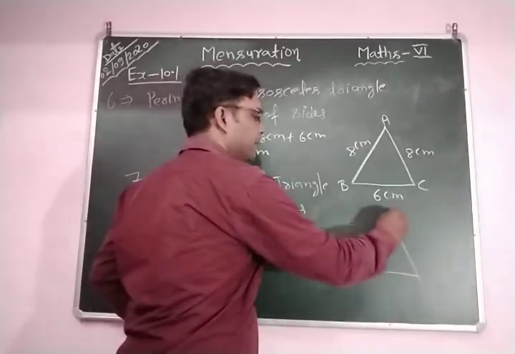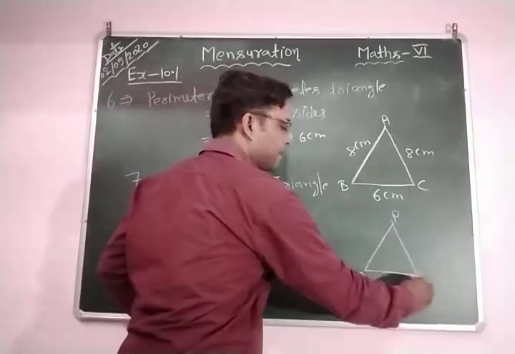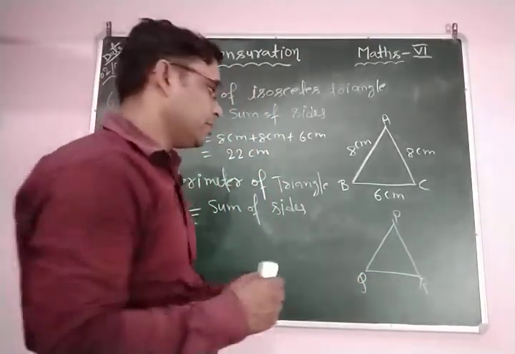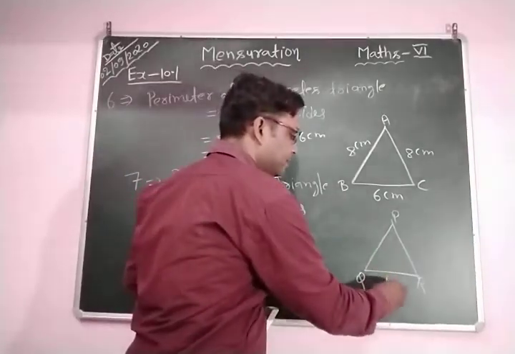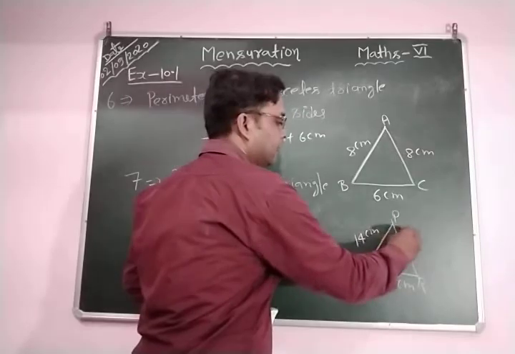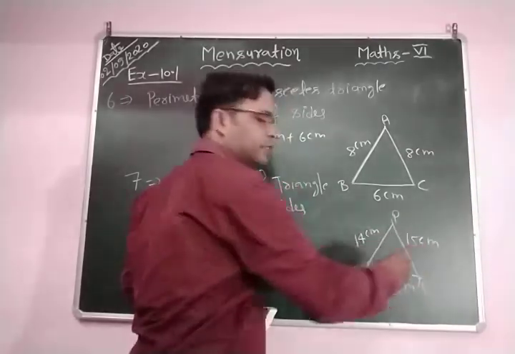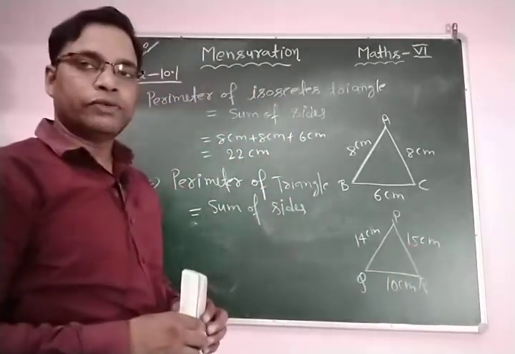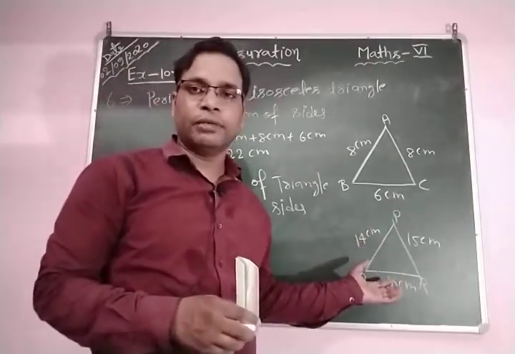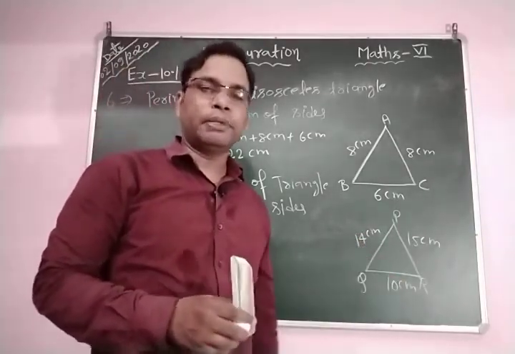Suppose this is triangle PQR, and the measures of this triangle are given as 10 centimeters, 14 centimeters and 15 centimeters. We need to find the perimeter of this triangle.